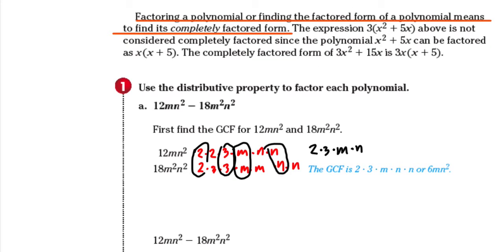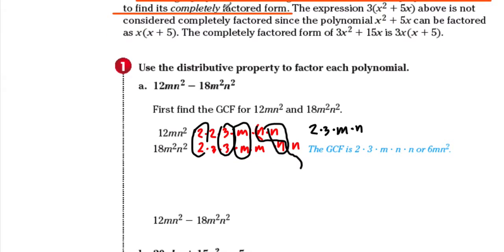Right there, I forgot this n right there. We'll do that again. So this n I forgot. There you go. So it's 6mn squared. Now, we factor out the GCF, which is 6mn squared.